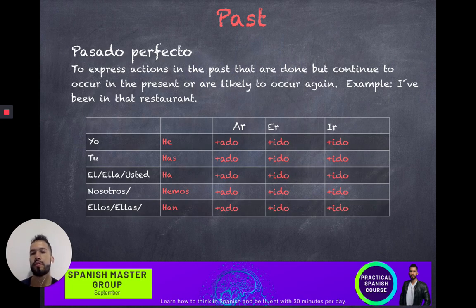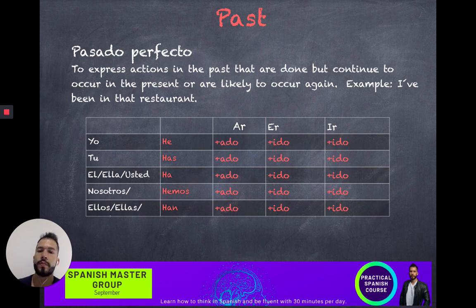Perfect past or pasado perfecto, to express actions in the past that are done but continue to occur in the present or are likely to occur again. For example, I've been in that restaurant. It's likely that I go again, or it's a restaurant that I visit often, just to have an example.